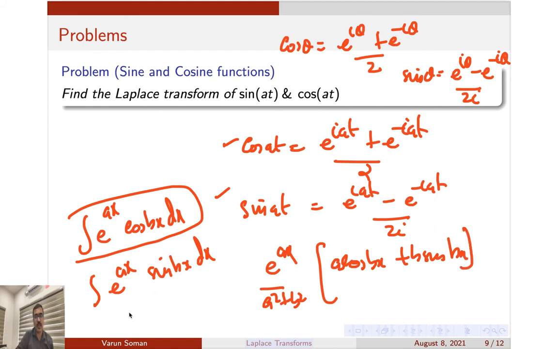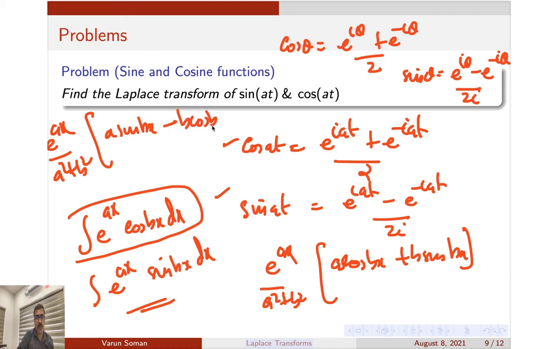And the formula of the other one is identical: e raised to ax by a square plus b square into a sin bx minus b cos bx. This formula you have studied in the lower classes, especially in the infinite series class. So we can directly use that formula because you know the integration there. That way also you can do. So try both methods and try to find the answer.